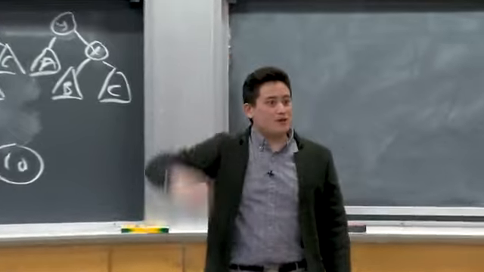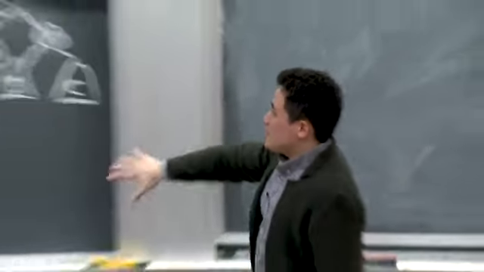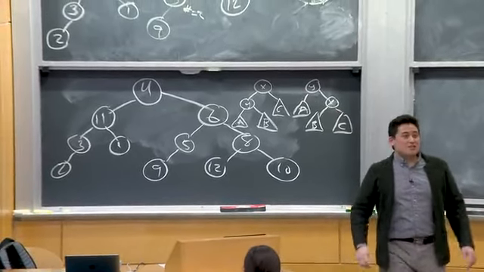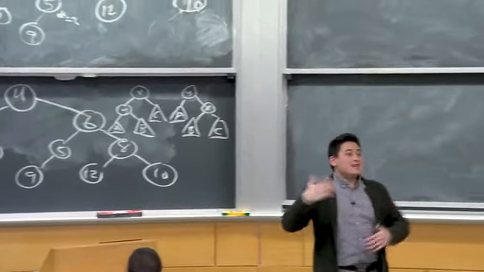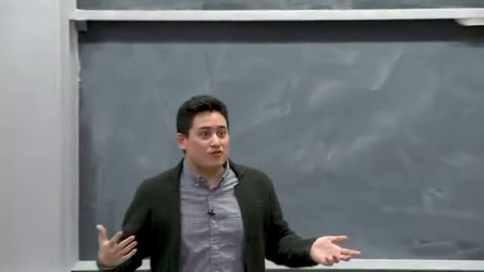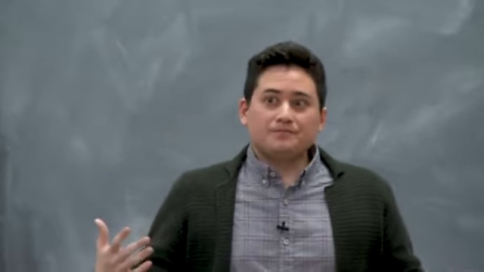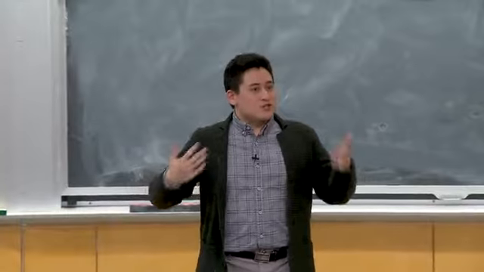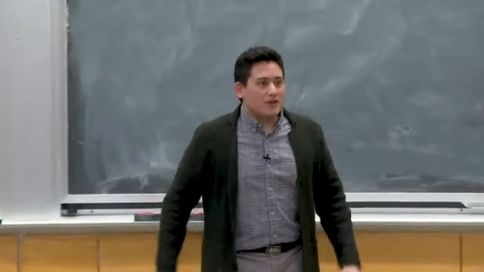Now, in actuality, you can prove that in a delete operation, it's possible that you have to do a logarithmic number of these rotations up the tree. This was that bad case. The original tree I gave you is called a Fibonacci tree. It's the highest height balanced tree you can have on a given number of nodes, or the fewest nodes for a certain height. You can think of it either way.